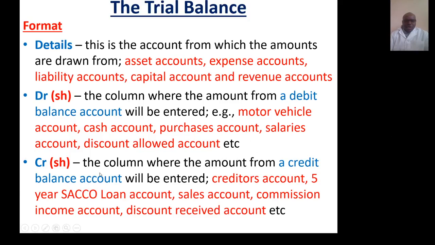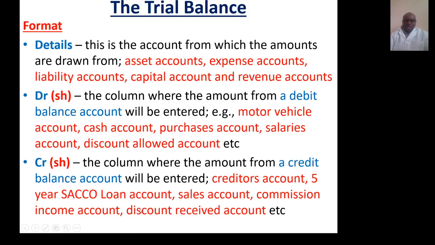Then credit column, the column where the amount from a credit balance account will be entered. Examples are creditors account, 5-year circle loan account, it is a long-term debt, sales account, commission income account, discount received account.